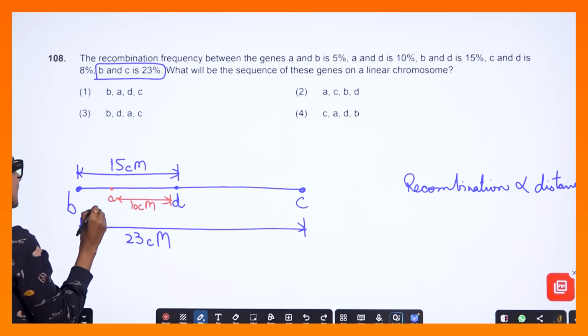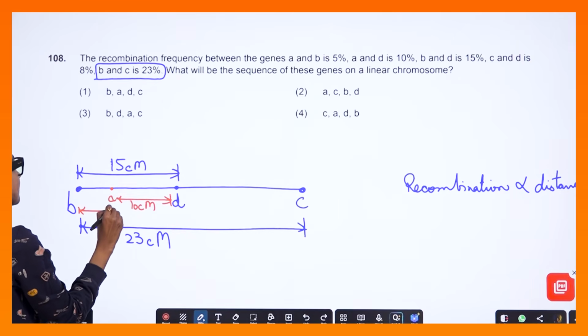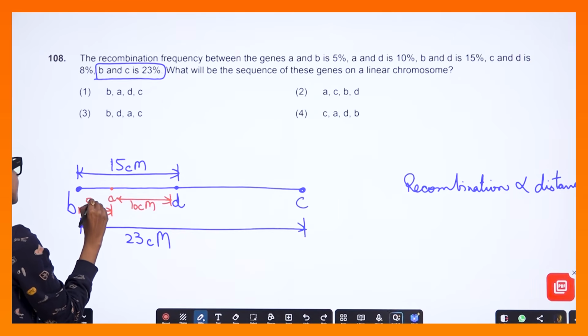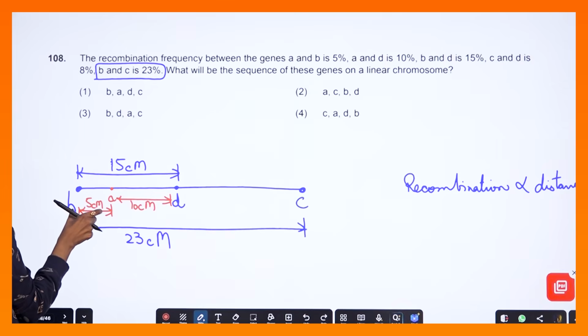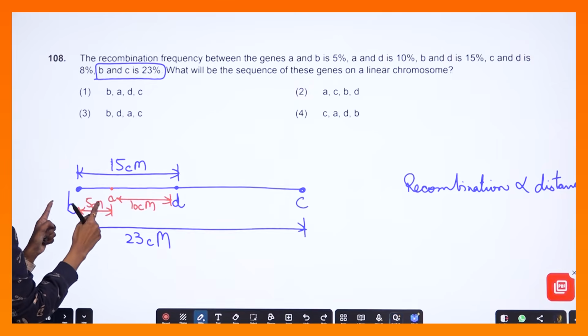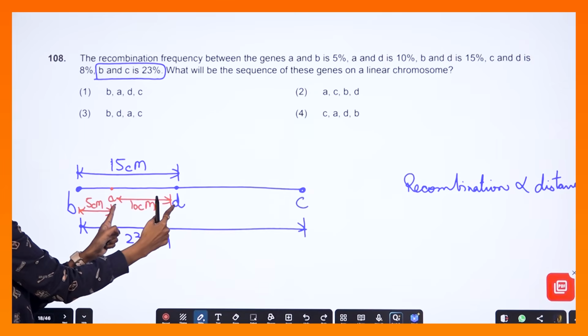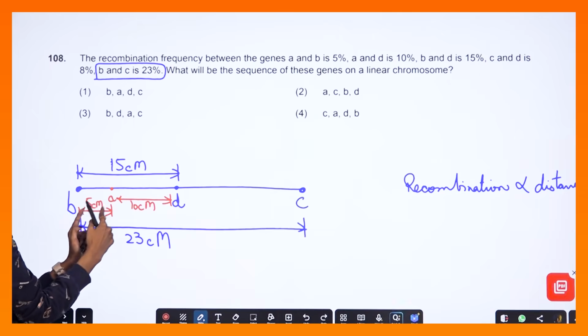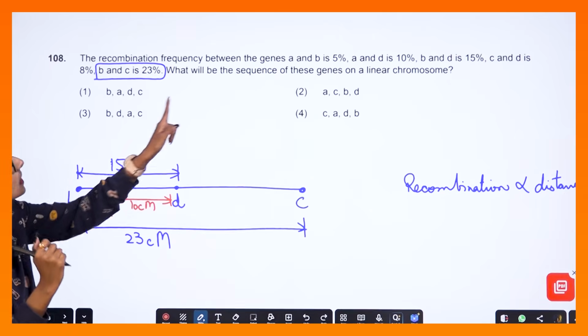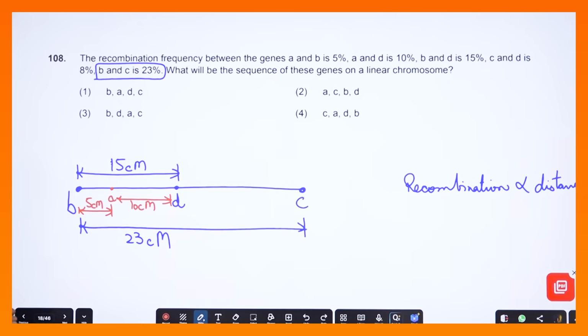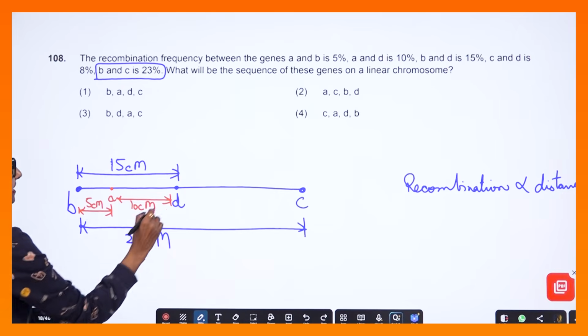That means BA should be 5 centimorgan. So BA plus AD is equal to BD: 5 plus 10 is 15. Yeah, it's given. Okay, DC: 23 minus 15, so DC should be 8.